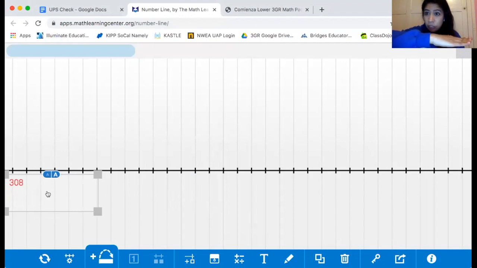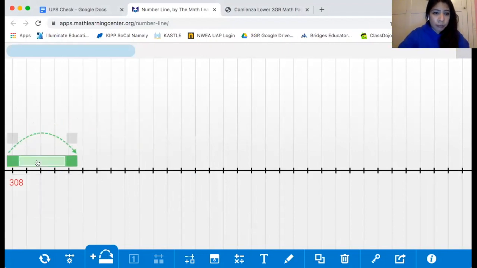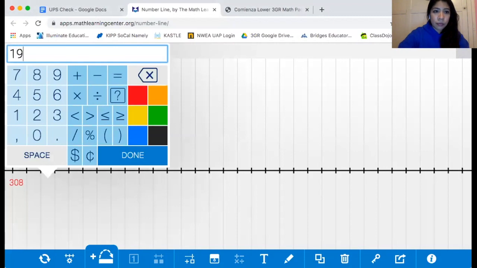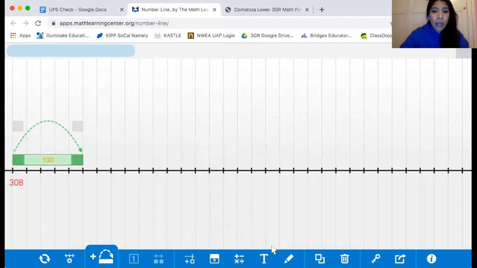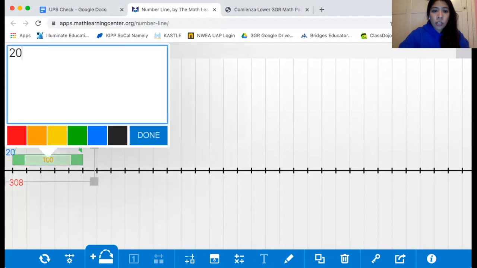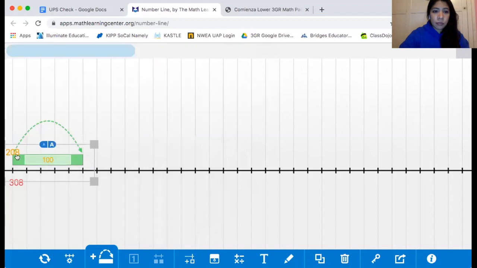I'm going to do the inverse, opposite. I'm going to subtract 100 because I'm going to be deducting 159. And now I'm at 208.